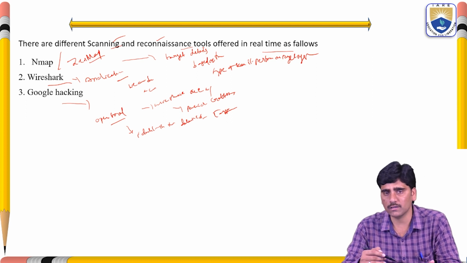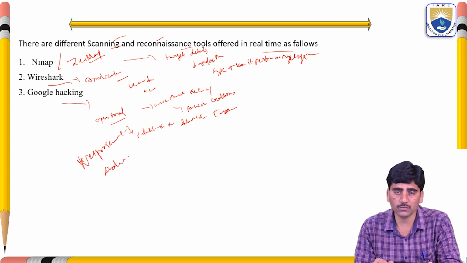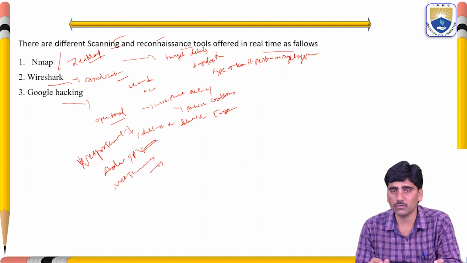Not only these three, along with these three, different types of scanning and reconnaissance tools are there. Net Pro Scanner is one tool. Advanced IP Scanner is one tool. Net Scanner is one tool. Like that we have different types of scanning and reconnaissance tools.